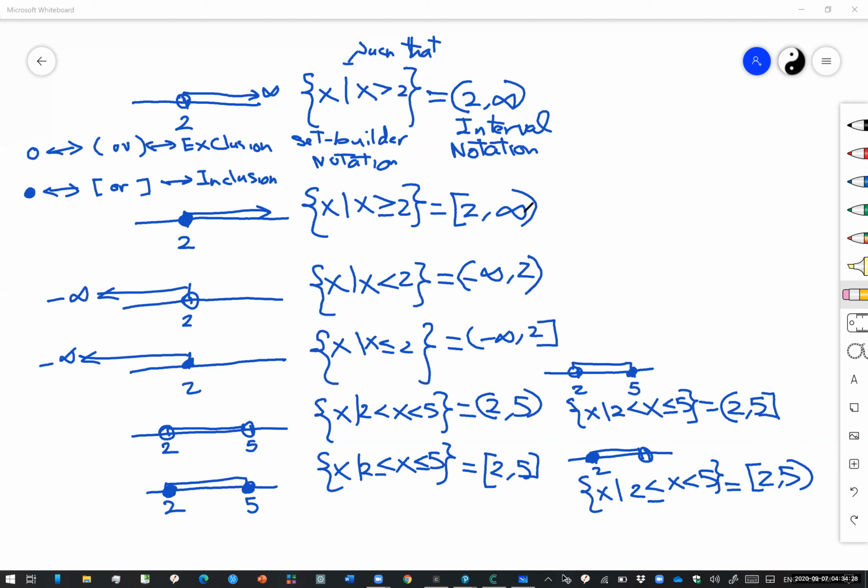But remember, you can never include infinity or negative infinity because they're not actual numbers to include, right? Okay. So to the right of infinity or to the left of negative infinity, you always have what? A bracket. It's a parentheses. Perfect. You always have parentheses. Make sense? Yeah, that helps a lot.